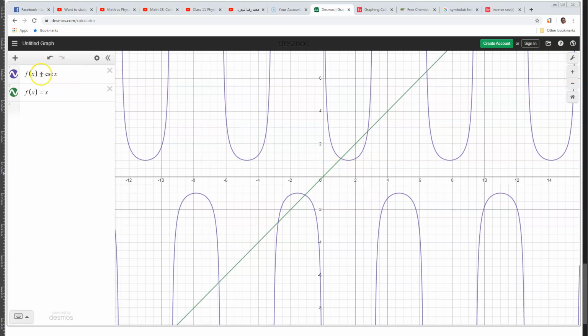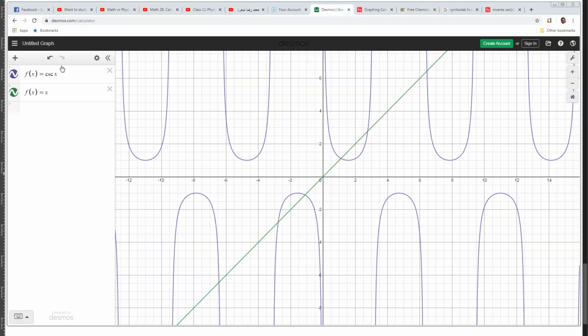The reason for the asymptote is that for f of x equal to sine x, the value of the sine function is 0 at pi, and therefore you'll get an asymptote, because the cosecant function is not defined at that point, since cosecant is nothing but 1 divided by sine x, right?